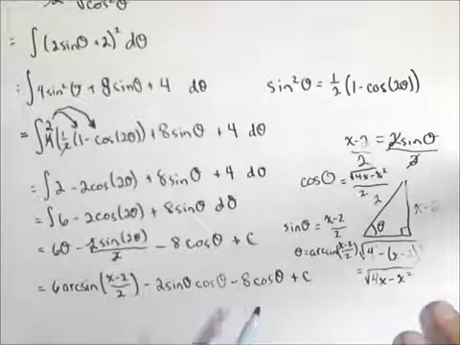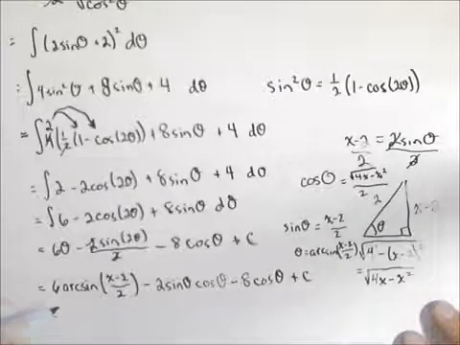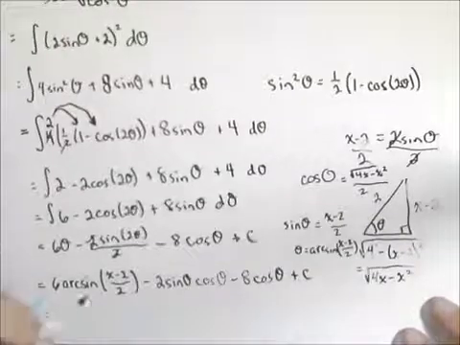And now we'll substitute. We could have substituted for that cosine theta there last time. Let's get it all back in terms of x though.